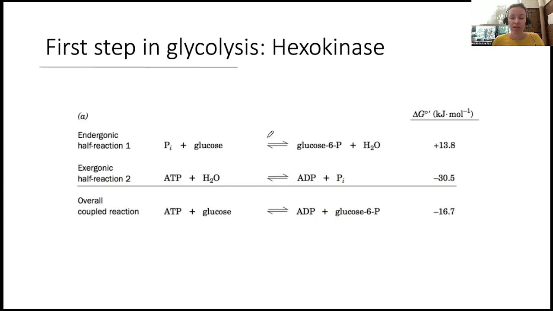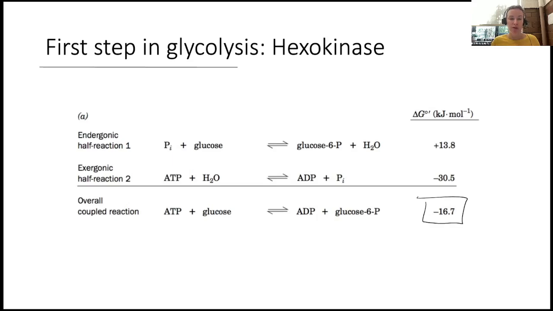And we can see this in some half reactions that we'll learn about in glycolysis. The first step in glycolysis is performed by an enzyme called hexokinase. We will see this very soon. What I want you to get from this slide, though, is what's happening with the delta G. So the overall reaction has a delta G of negative 16.7 kilojoules per mole.